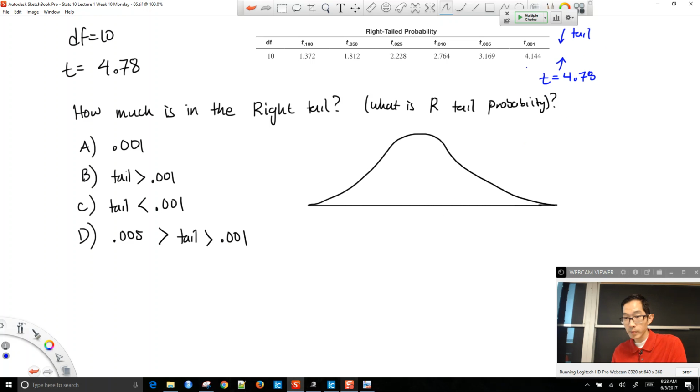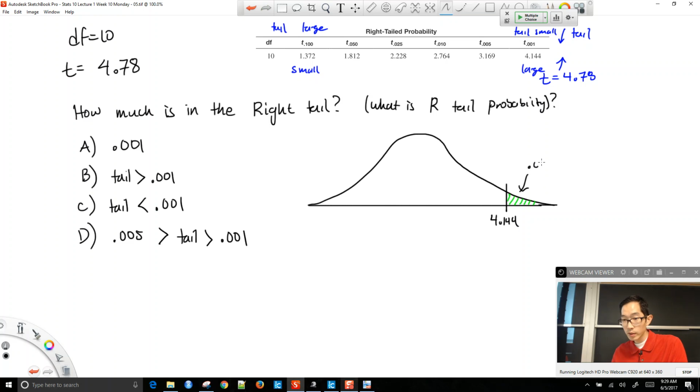And what we notice is that as the critical values get bigger, the tail is large over here and the tail is small over here. So what the table tells us is that if I draw at t equal to 4.144, the area in the tail is equal to 0.001.